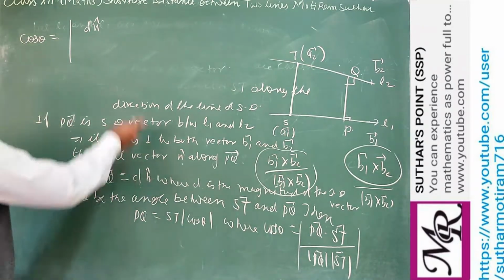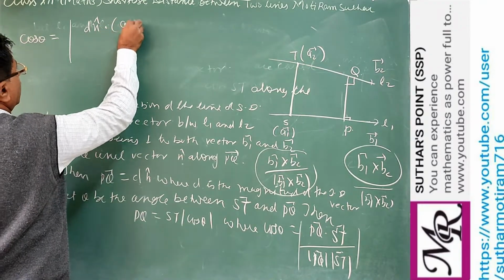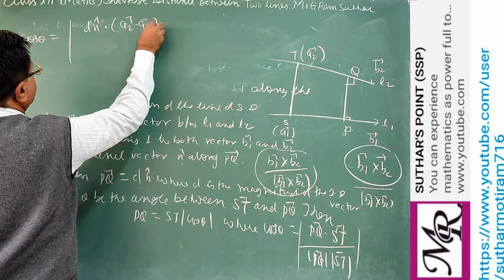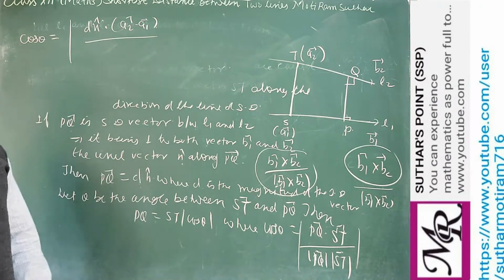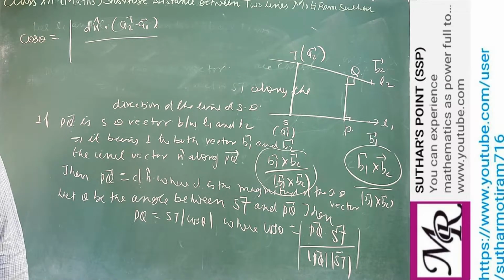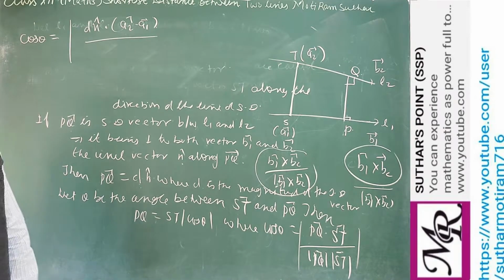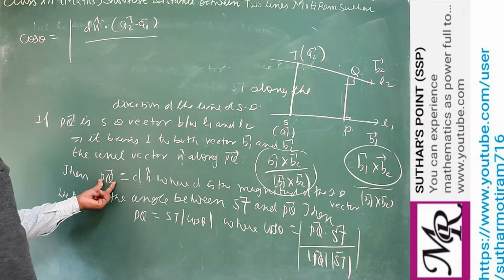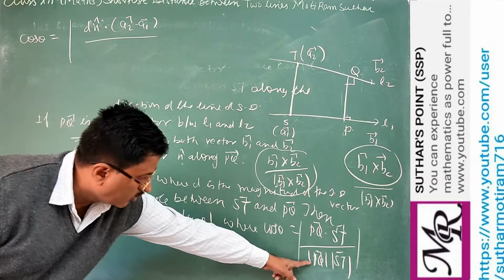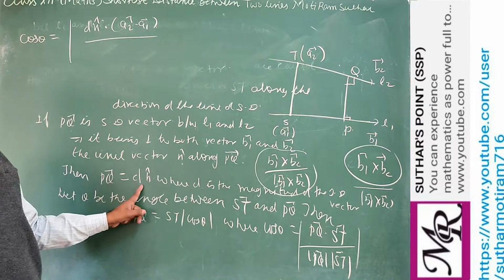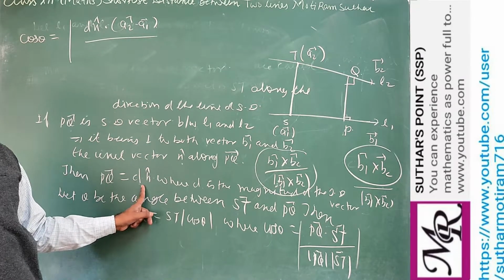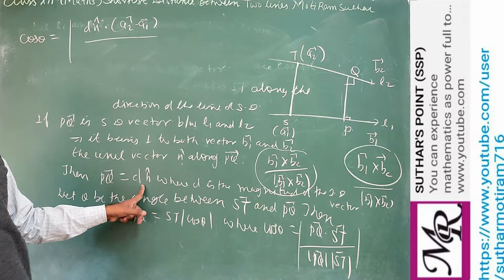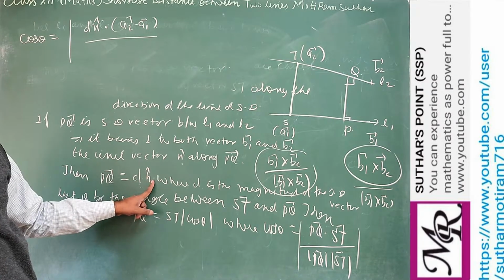So we can say dot A2 minus A1 upon PQ into ST. Now the mode of PQ: if you want to find modulus of vector D into n cap, the modulus of n cap, that unit vector, is 1.